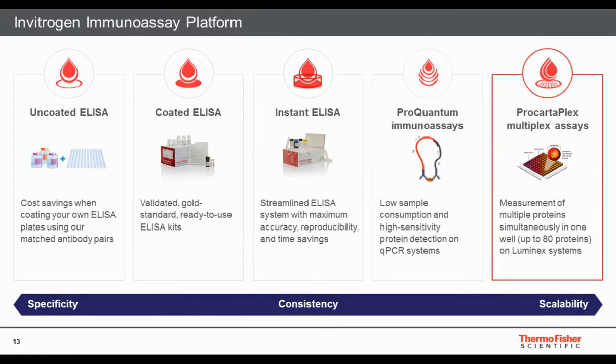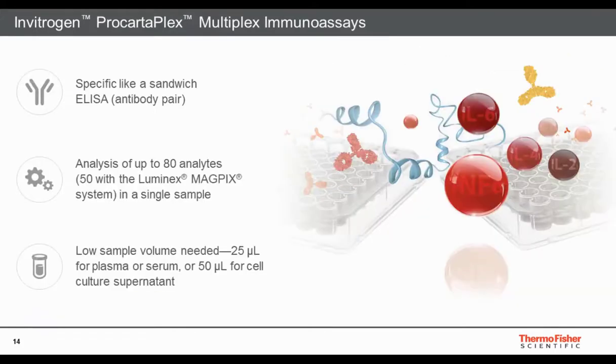So in the next part of my presentation, I want to explain to you more about our multiplexing platform, which is the so-called ProcartaPlex assays. ProcartaPlex is our Luminex technology-based multiplexing platform for analysis of up to 80 analytes.